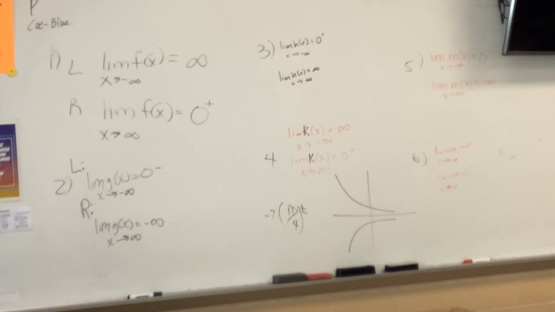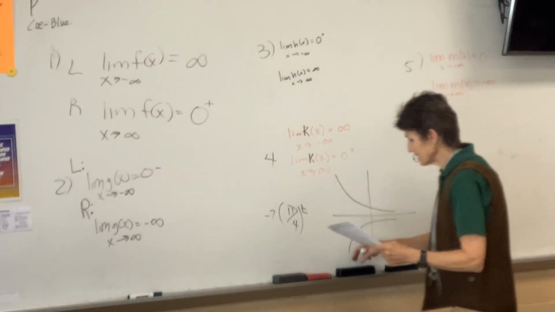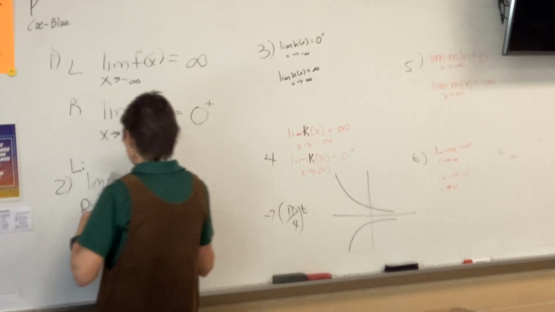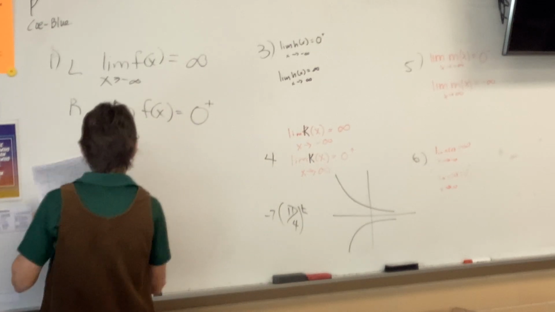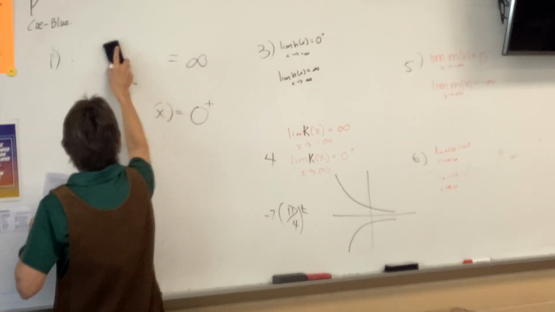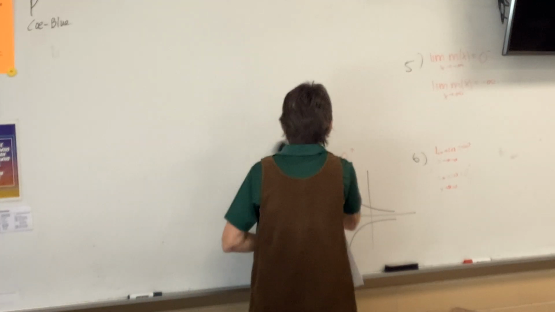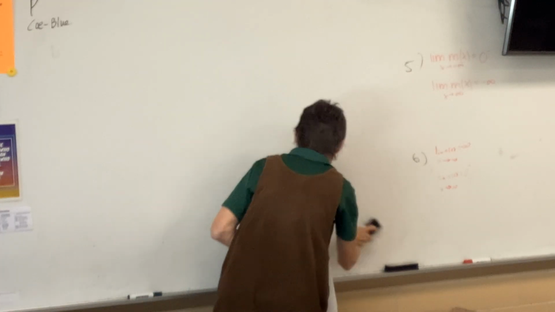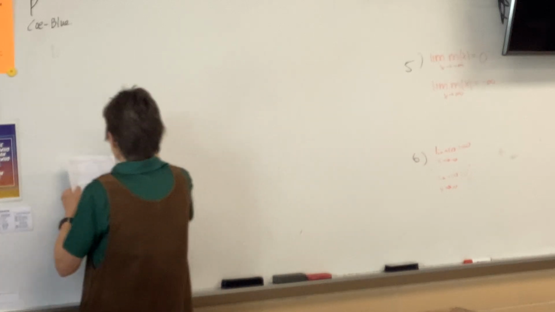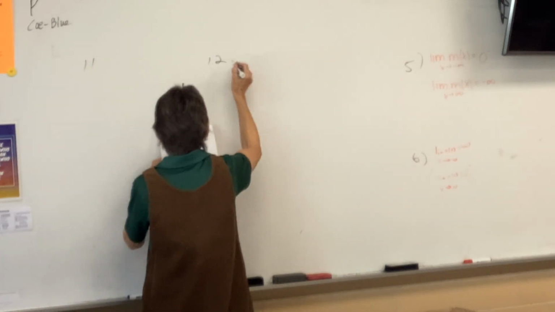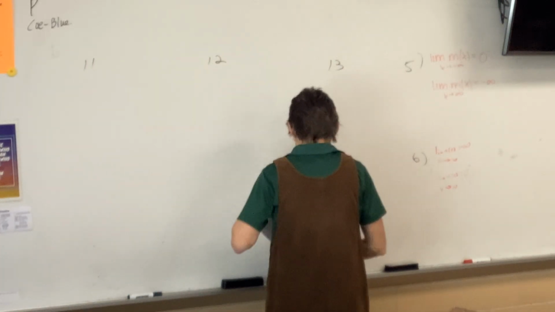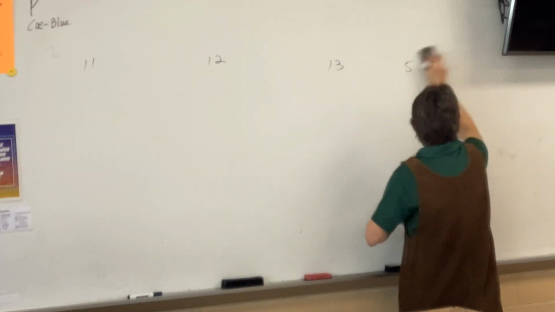On the back, can I have 4 volunteers to give us a sketch for the description they've given you? So this is kind of backwards. They've given you the end behavior, and you're gonna draw a sketch. So 11, 12, 13, and 14. Do I have any volunteers?